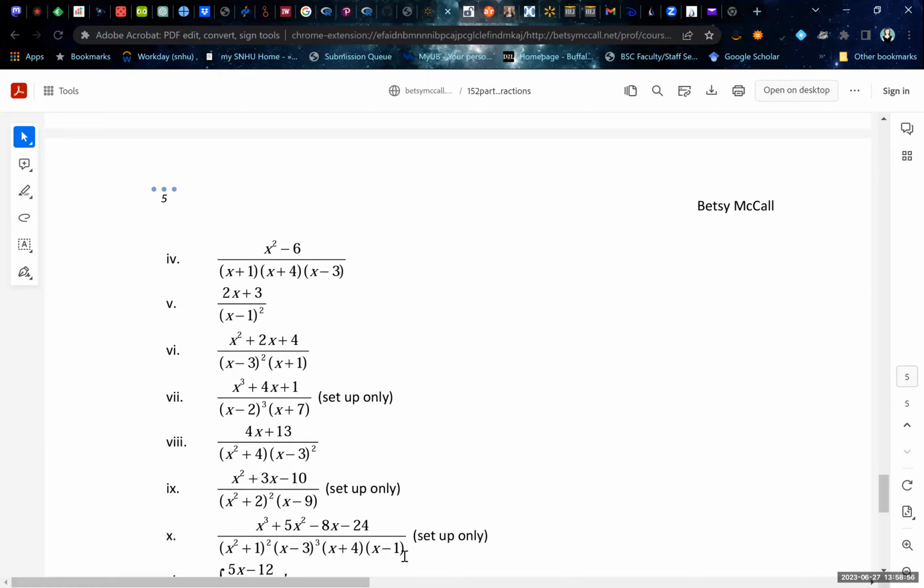And then again, technology can solve for them later. What does the form look like? But most of the time, if you're asked to solve for the coefficients, they will be relatively more straightforward, where you're only applying one of these different scenarios, or maybe two at most, not all 4 of them simultaneously.